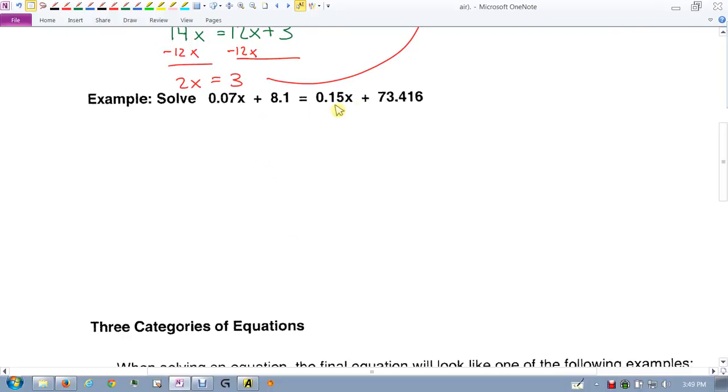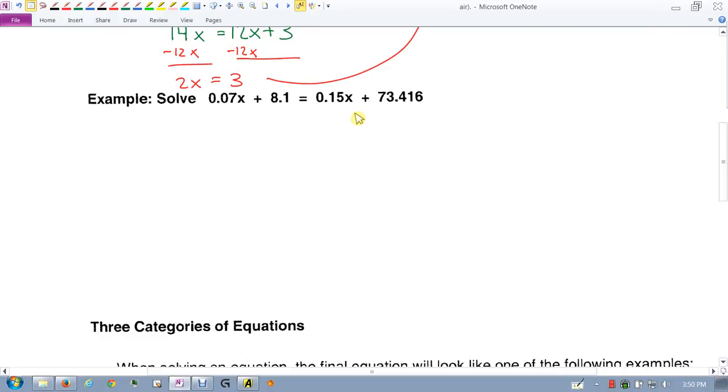Decimals in a linear equation. So here, just like the fractions, we want to clear them. What is it about decimals that you can do to make them move around? You can change decimals to fractions, correct? You could. But there's an easy way to just move. If I want to move a decimal point to the right once, what do I multiply by? 10. Right?